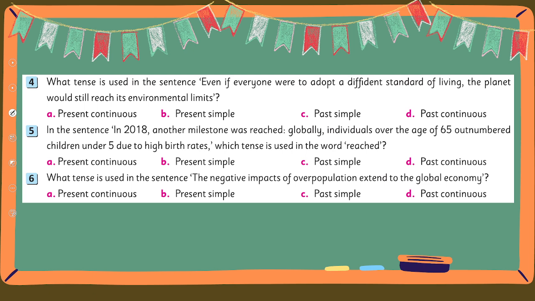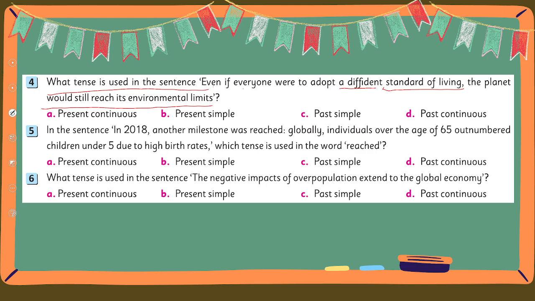And next one, what tense is used in the sentence? Even if everyone were to adopt a different standard of living, the planet would still reach its environmental limits. So, what kind of tense do you think is used here? Is it present continuous?